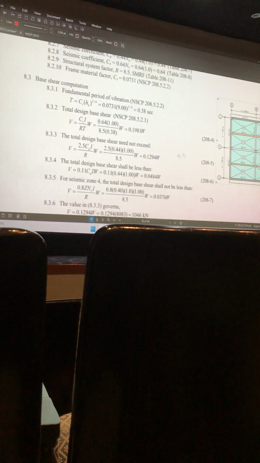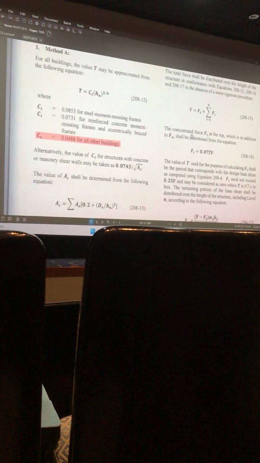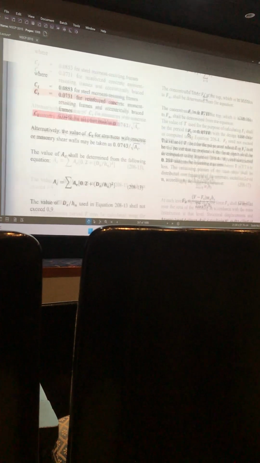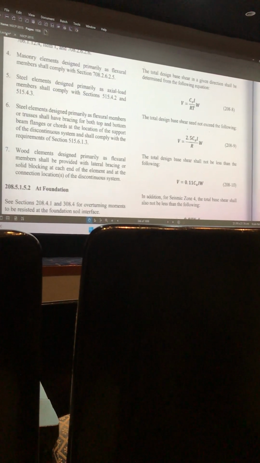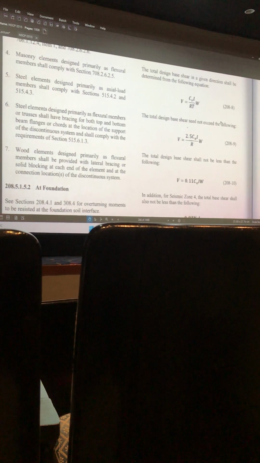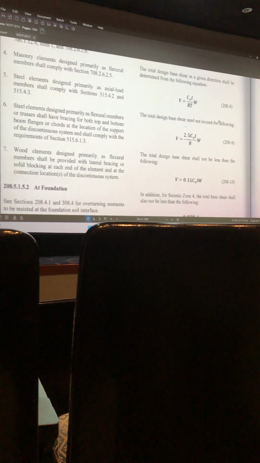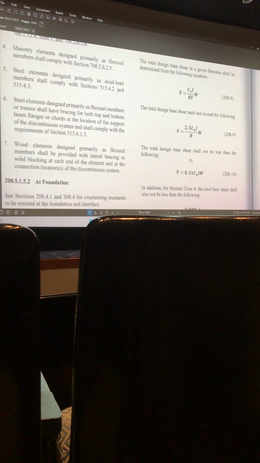The numbering in the code has changed, so here, 28-8 to 28-11, but the formulas are still the same.